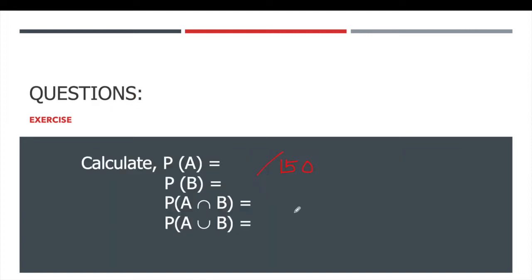So it should be 100 per 150. Make a smaller fraction here, so it can be 2/3. Is it correct?